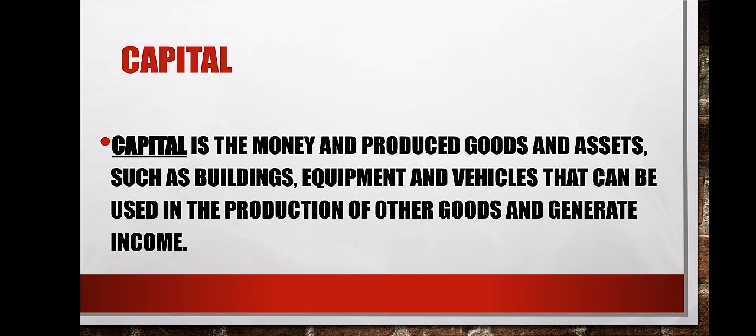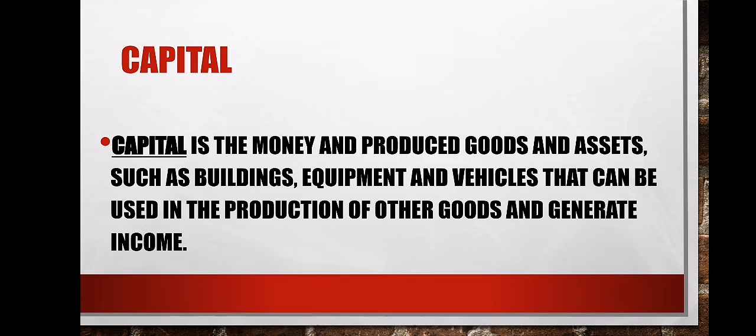To create income. So we call it capital. So we're looking at the equipment that we have in our farm. We look at the vehicles, we look at the buildings that we have. We also focus on money that we have in our farm, which can all be used to generate what? To generate income. That's what we check.